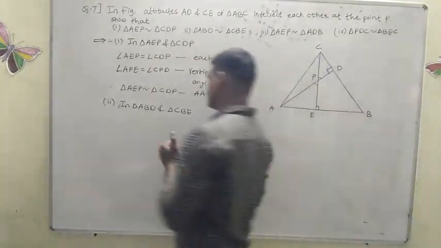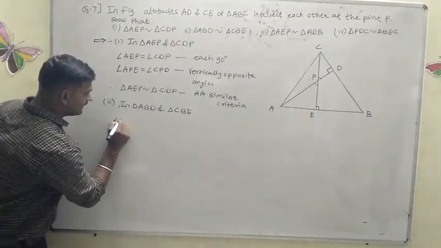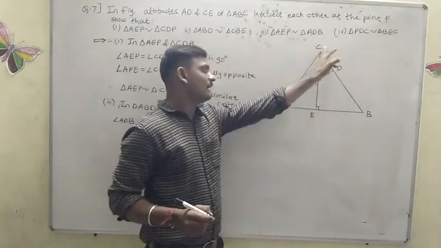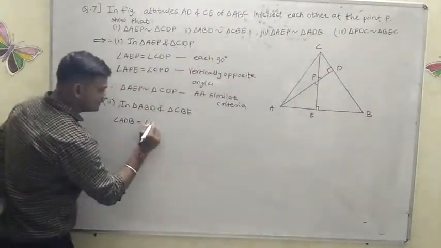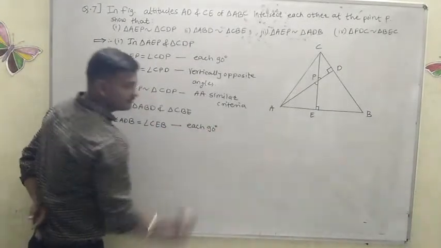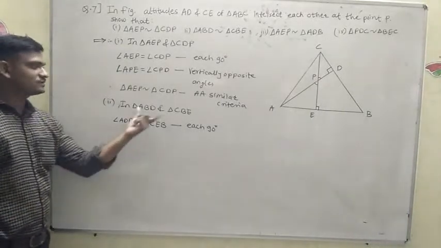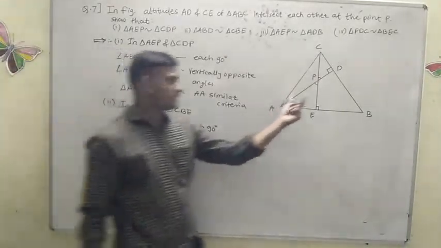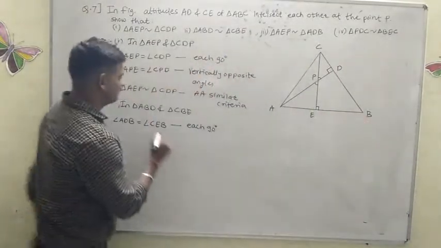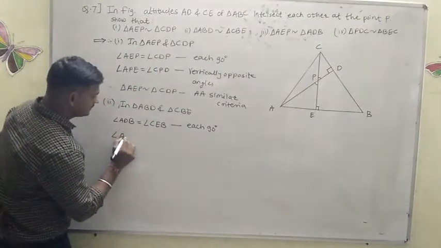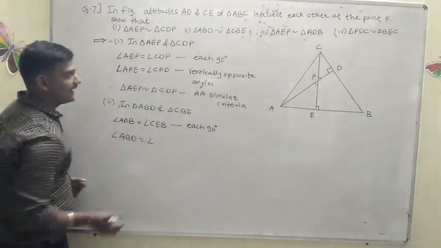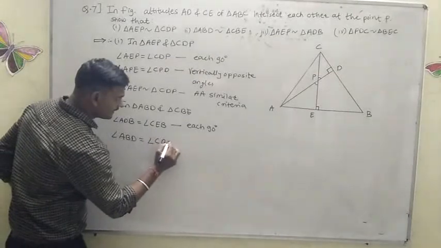Therefore, can we equate it? Yes. Angle ADB is equal to angle CEB. What is the reason? Each is 90 degrees. And check in these two triangles, which angle is common? In triangle ABD and triangle CEB, can I say that angle B is common? Therefore, angle ABD is equal to angle CBE.